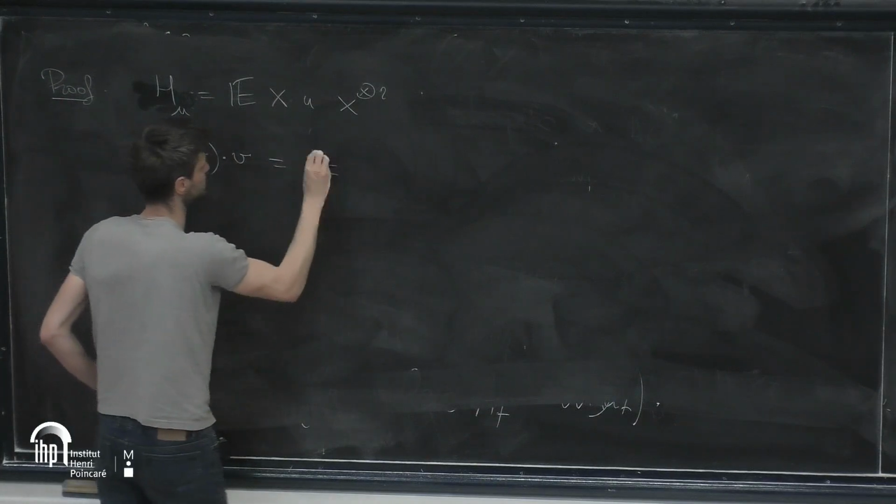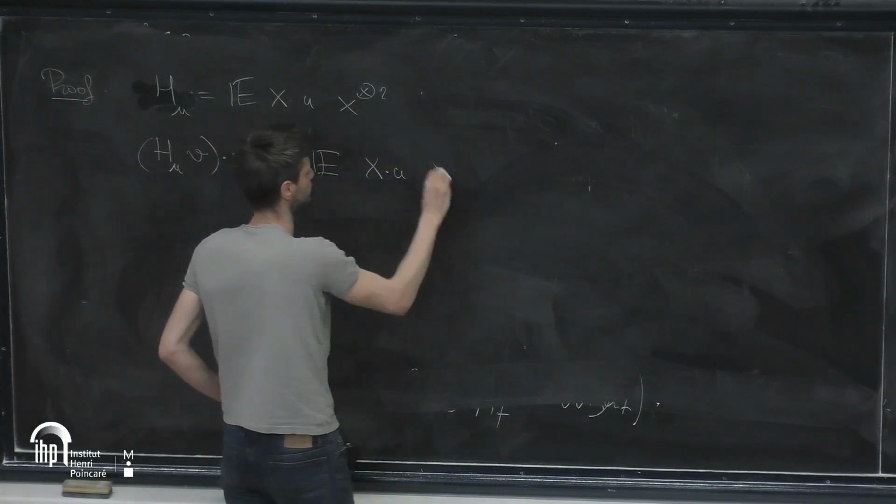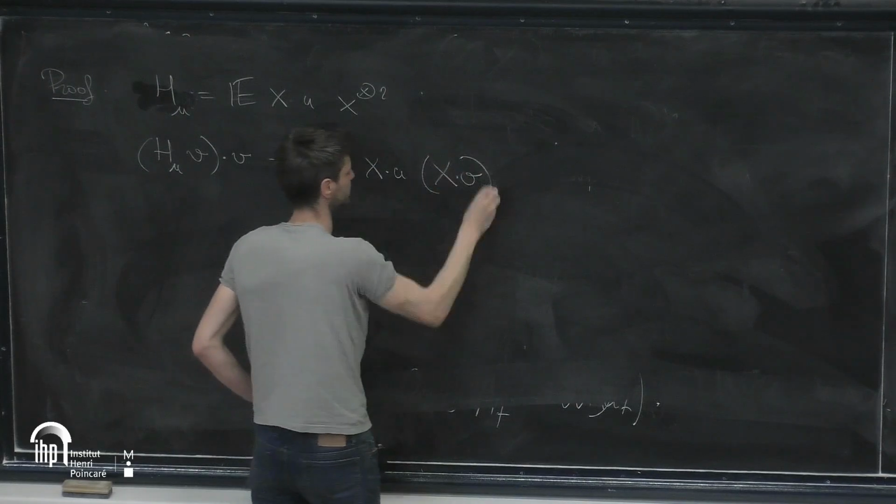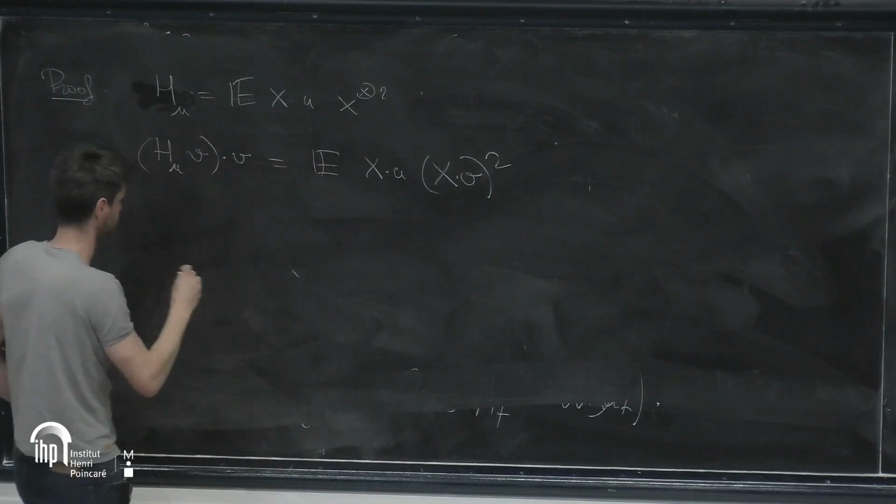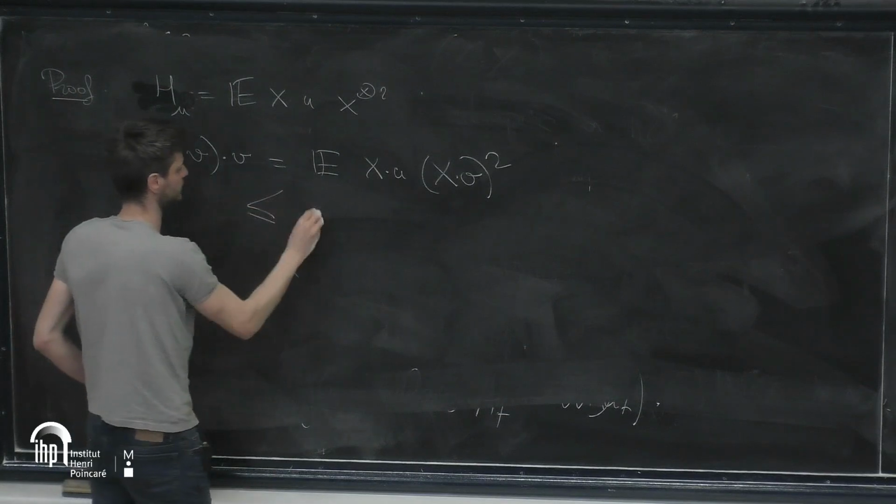So that is the expectation of (x dot u)(x dot v) squared, Cauchy-Schwarz.